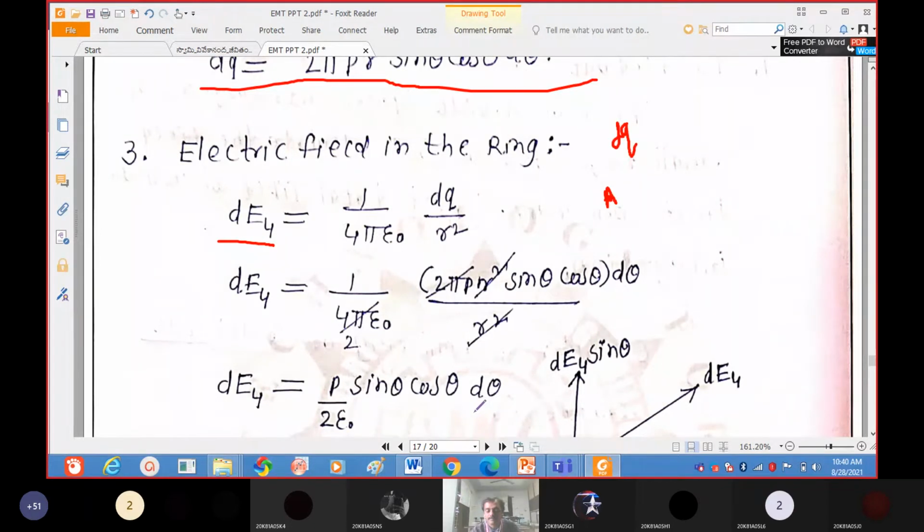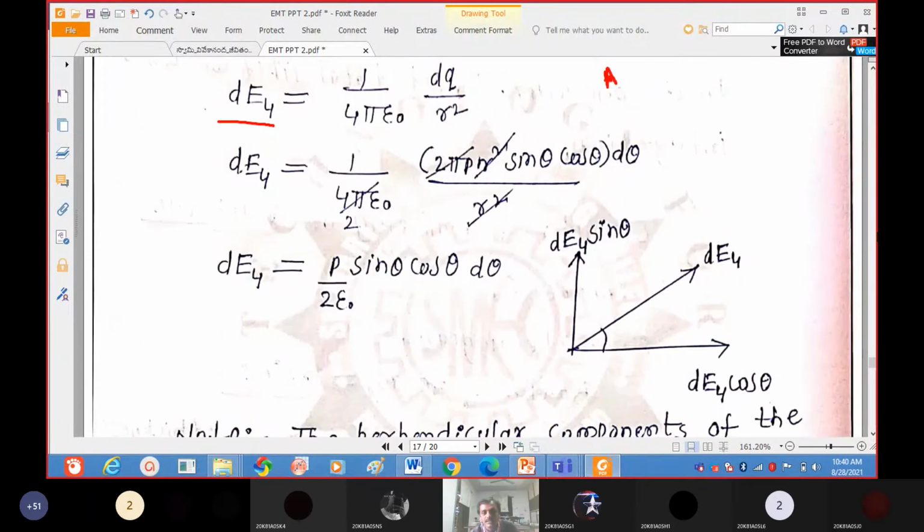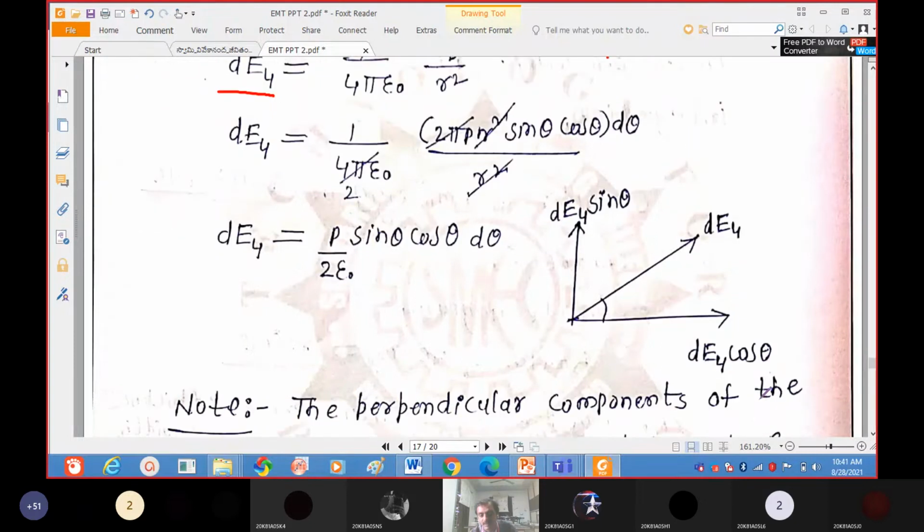Now, the electric field acting on point A is dE, due to the small charge dq. That dE is also divided into two components: the vertical component is dE sin theta, and the horizontal component is dE cos theta.